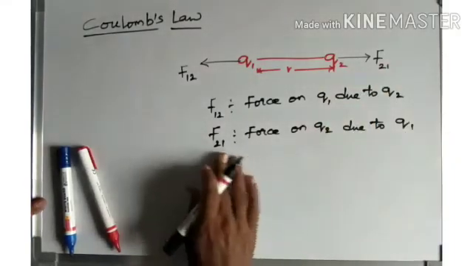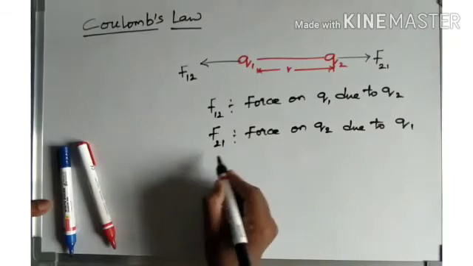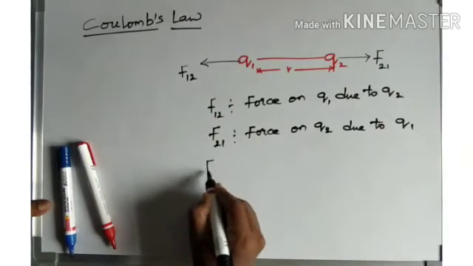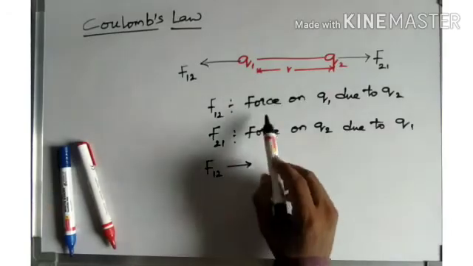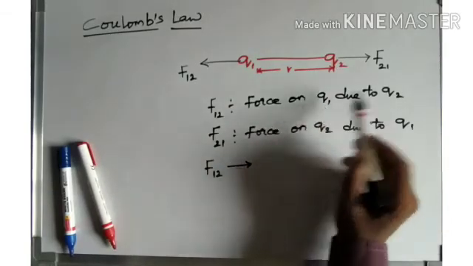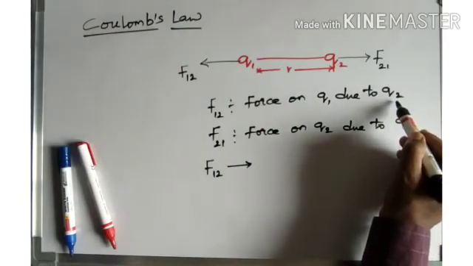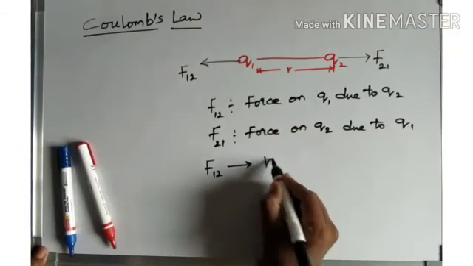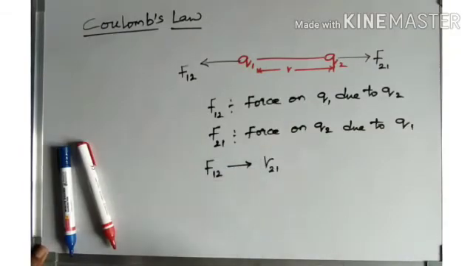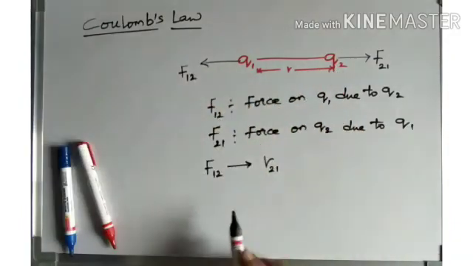If you look at the direction vectors of these forces, F12, in which direction is it going to act? That is force on Q1 due to Q2, meaning it starts from the second charge and ends at the first charge. So we'll write R21.